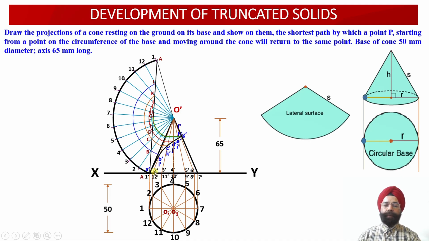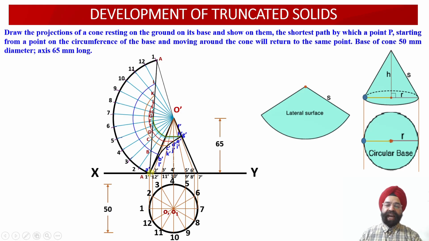Now let us obtain all of these 12 points of intersection with the slant generators into the top view projections over here.